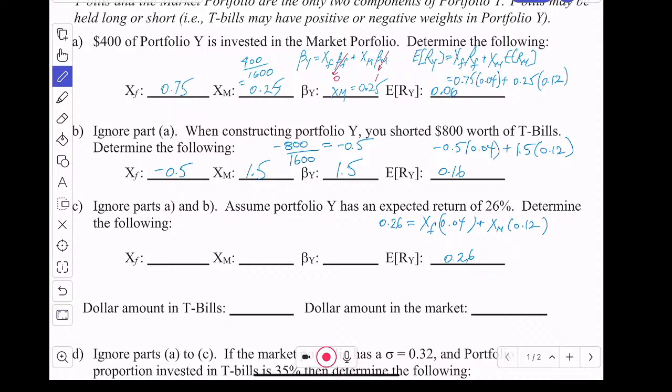So what we can do is write one in terms of the other and solve. I'll write this XF in terms of XM, and then solve that for XM.